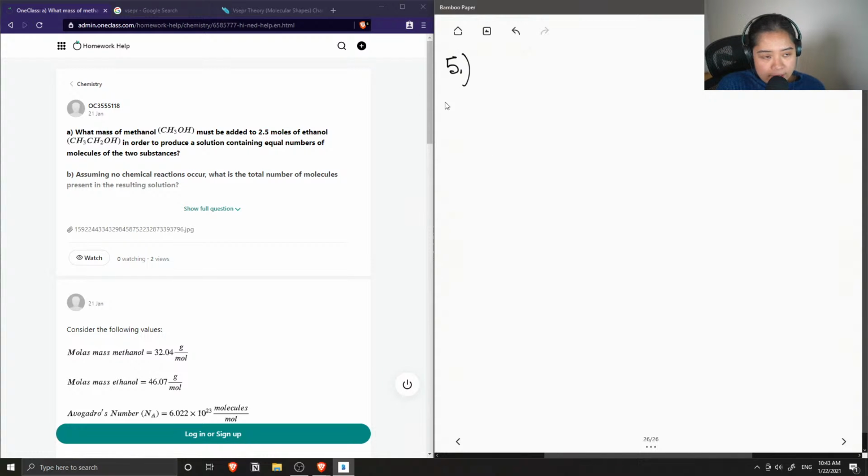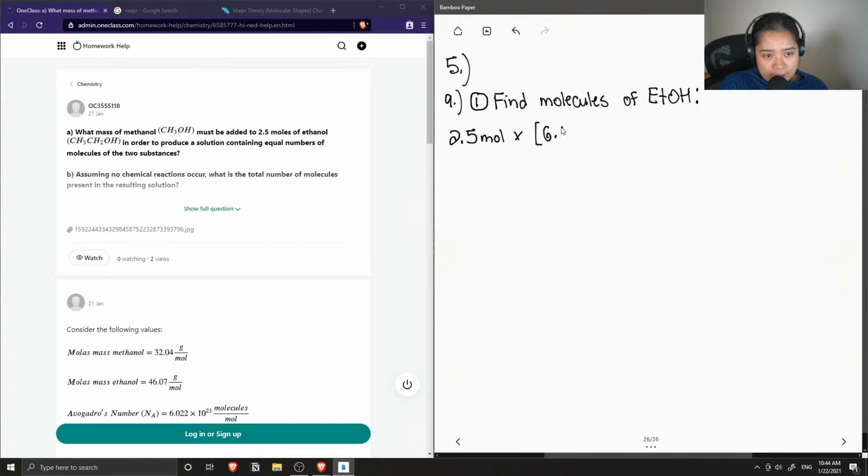So let's find out how many molecules of ethanol there are. And I'll just use EtOH, which means ethanol. To find the number of molecules, we start off with the moles of ethanol, which is 2.5 moles, and we multiply this by Avogadro's number.